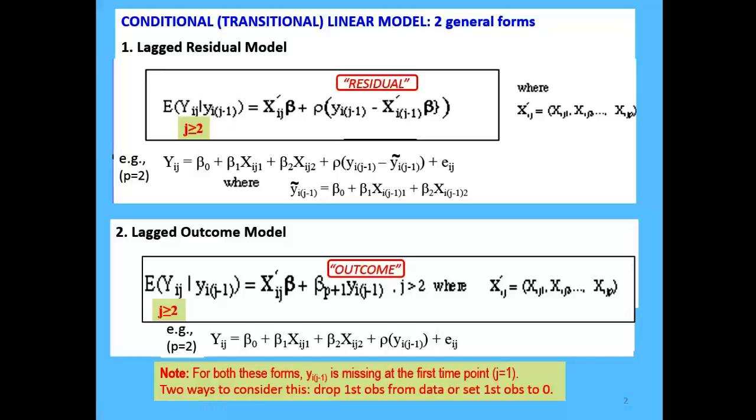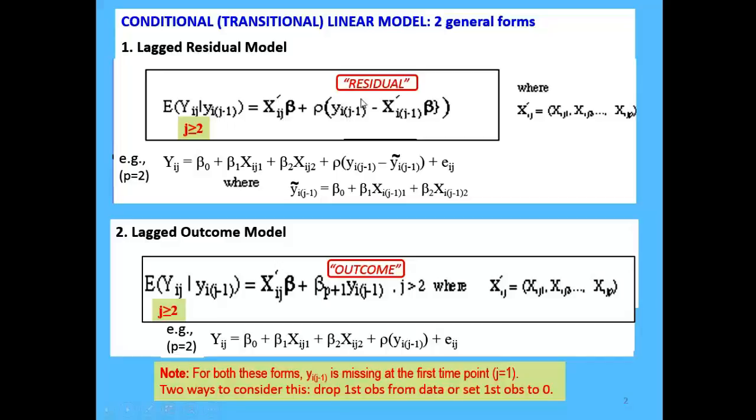The right-hand side of this model just has the immediately preceding value, right? This has the immediately preceding value minus, what's this? Well, it turns out what this is is the predicted value for the immediately preceding. This is the immediately preceding outcome.